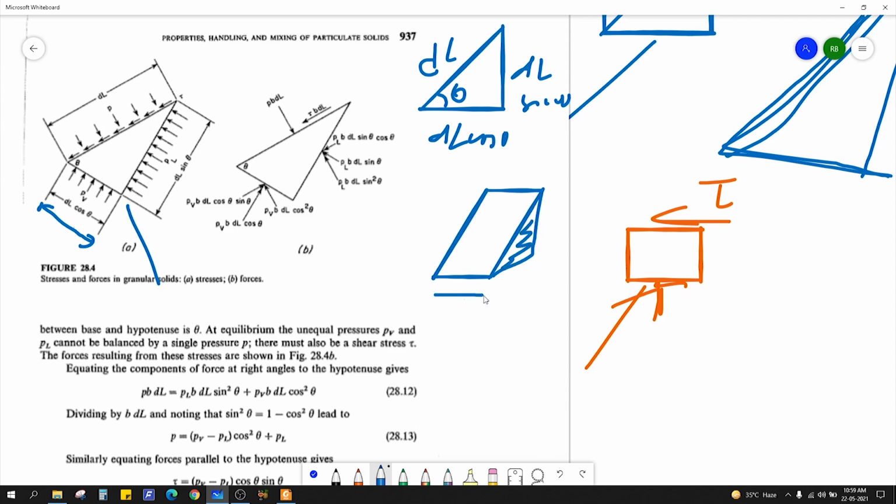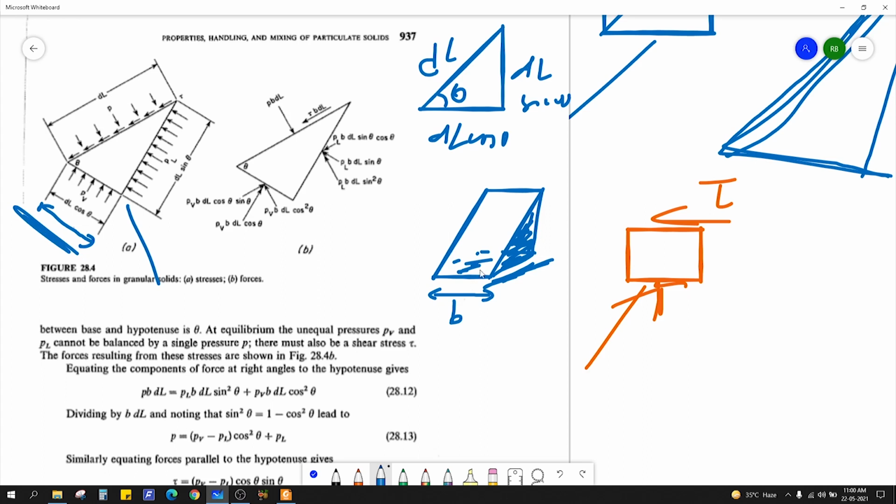And what is the thickness of that triangle? This is taken as B. Okay, this is B. So what is this area? Sorry, not this one. This one, the bottom one. What is this area? This will be basically this length into B, right? So this length was what? DL cos theta, and what is the thickness?